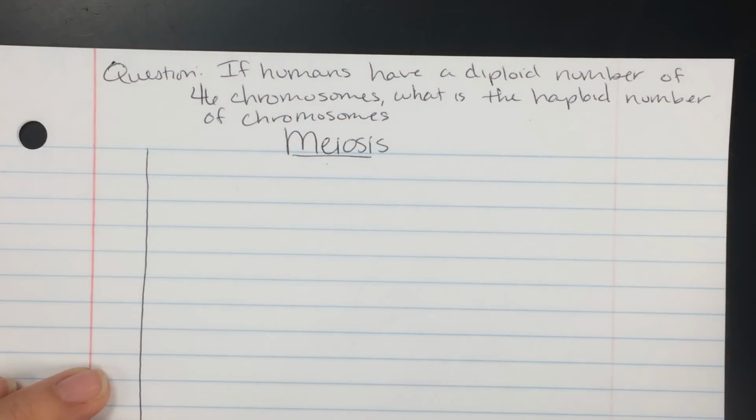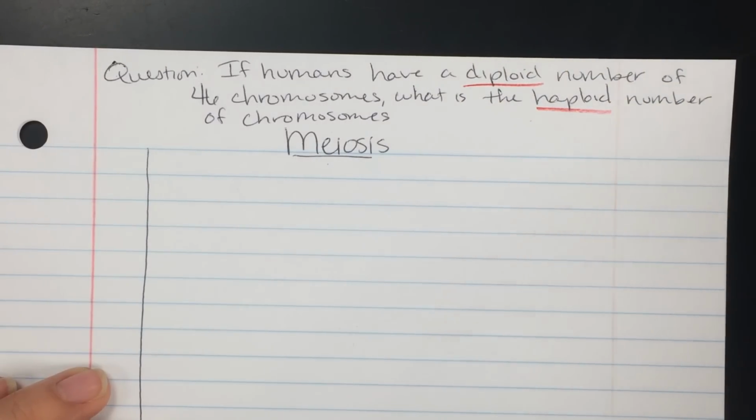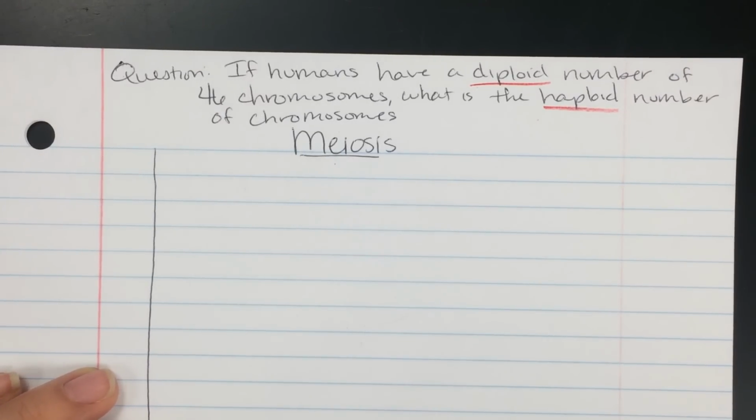So 2 vocab words that we're using in there that you should be aware of are diploid and haploid. So if you already know the answer, go ahead and address that, but if not, let's see if we can figure it out in today's notes.